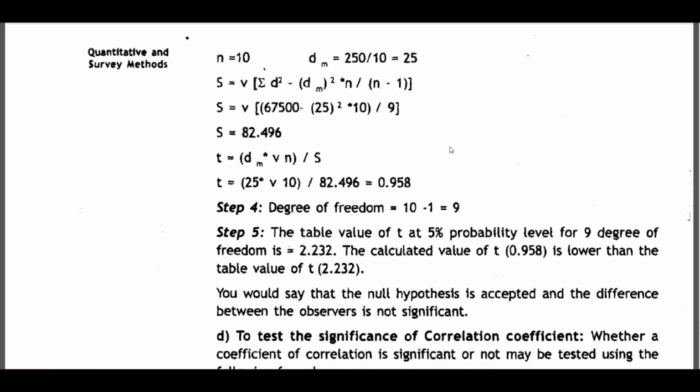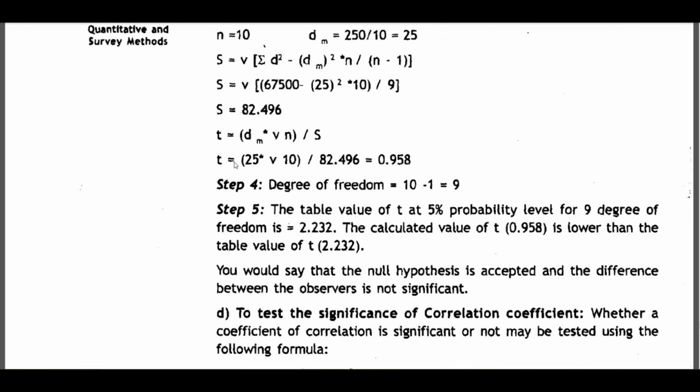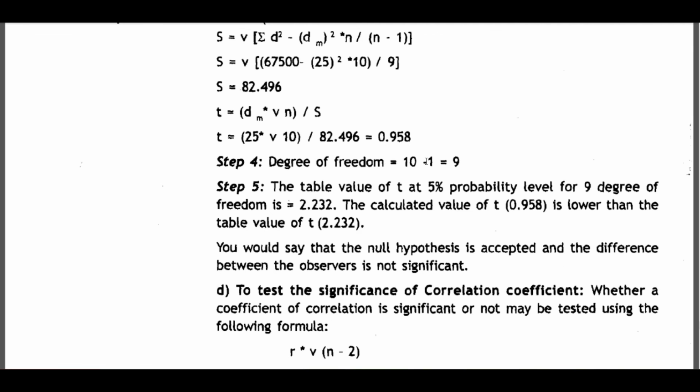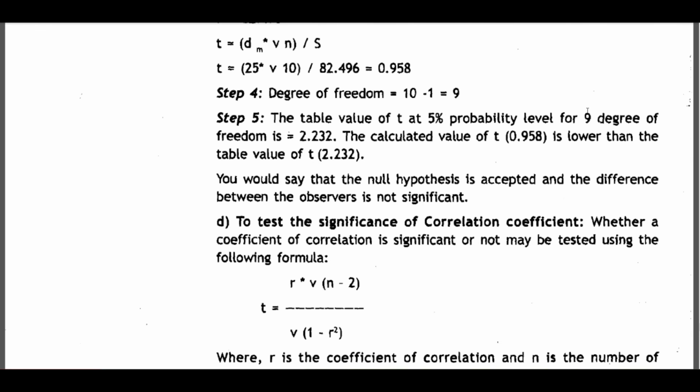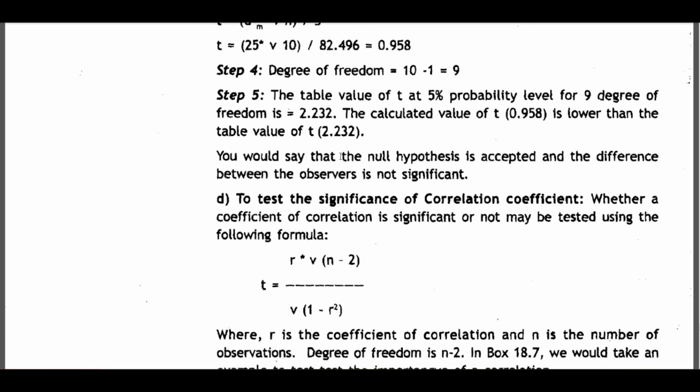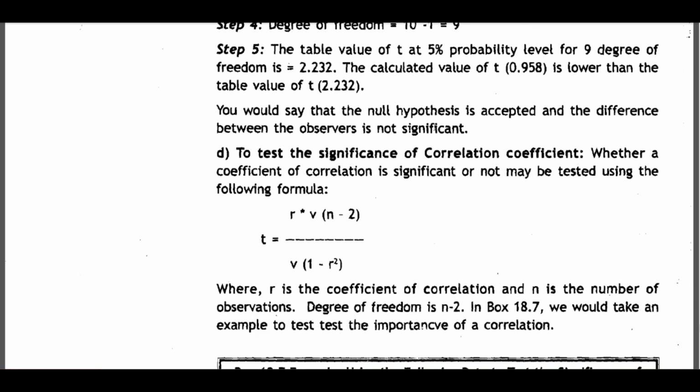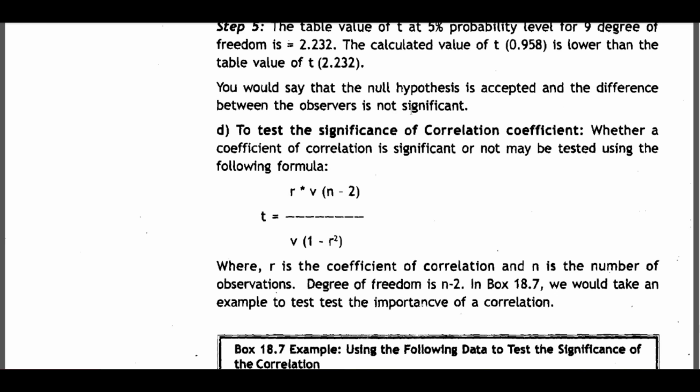Then we arrive at the value of t using the formula as 0.958, and the degree of freedom is 10 minus 1, which is 9. The table value of t at the 5% probability level with 9 degrees of freedom is 2.232. The calculated value 0.958 is lower than the table value. So the null hypothesis is accepted and the difference between the observers is not significant.